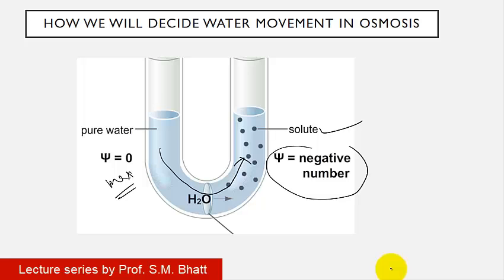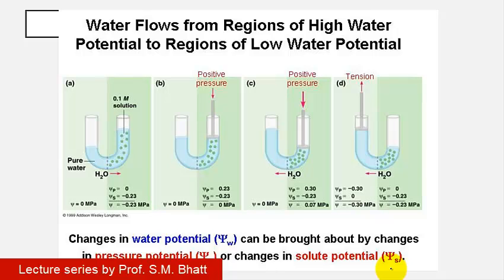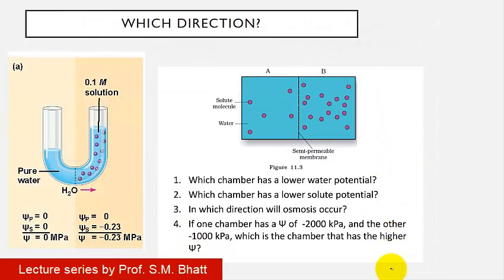You got the point? So you can decide the direction of water movement based on calculation of water potential. So this is also helpful in deciding the solute potential, pressure potential, and many things we will discuss later on in the other chapters.